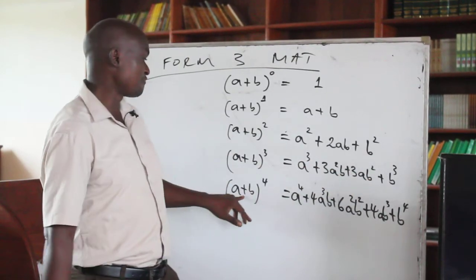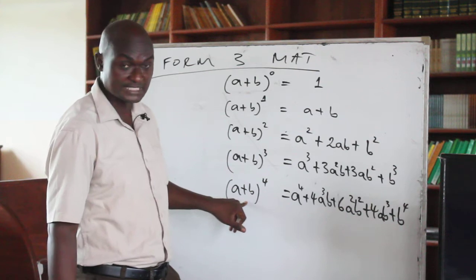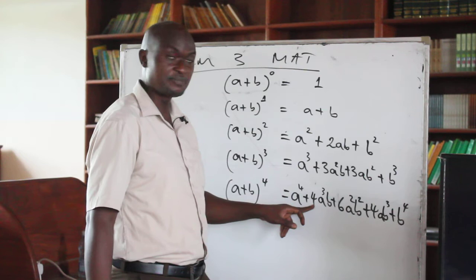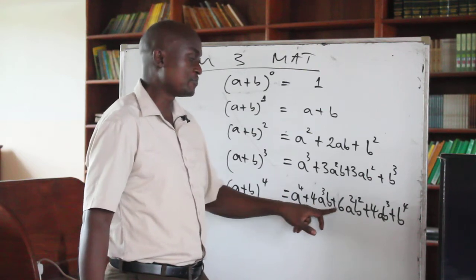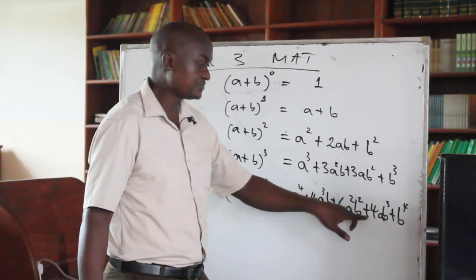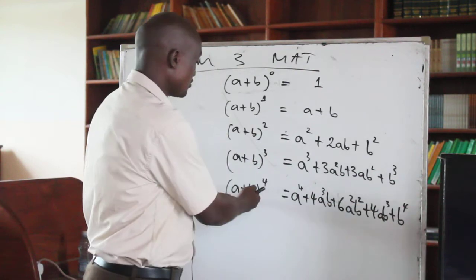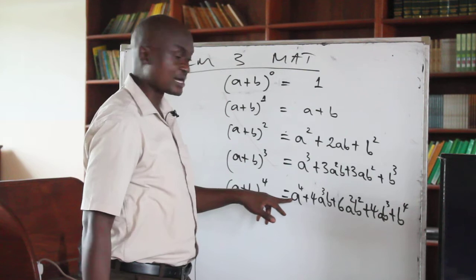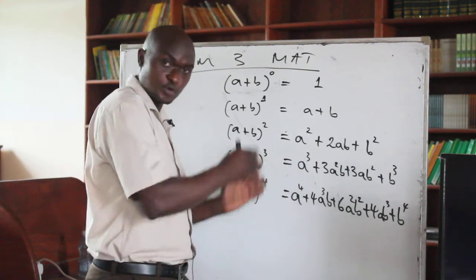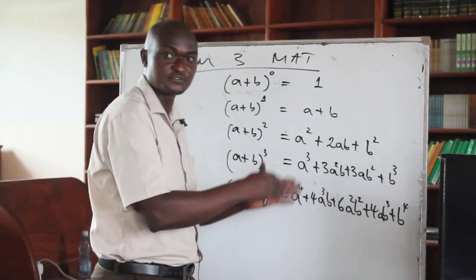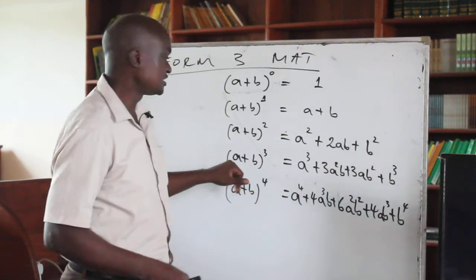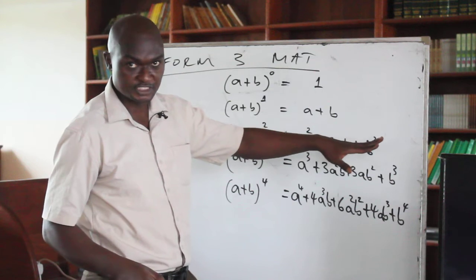If you are raising it to power 4 and it is negative, the first term will always be positive, the next will be negative, that will be positive, that will be negative, that will be positive. So if the binomial term has a negative sign, your result will be alternating from positive to negative, and on and on. But if it's just positive, all the terms are positive.